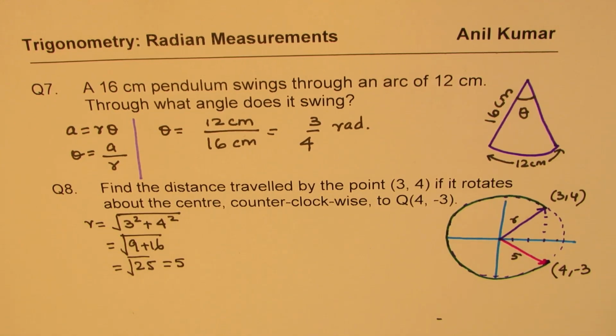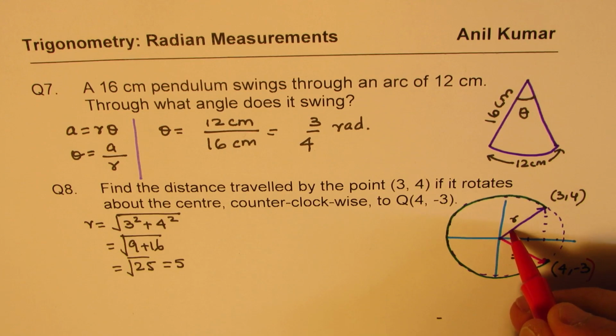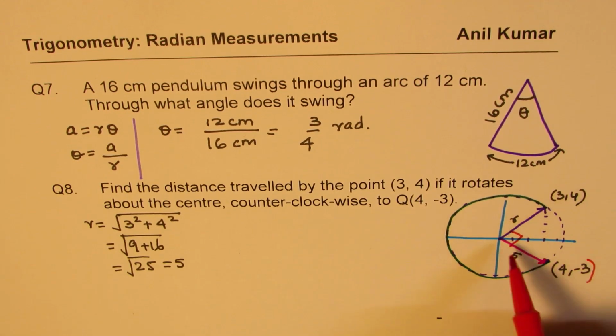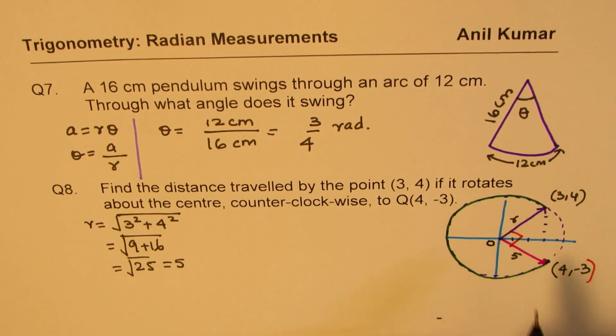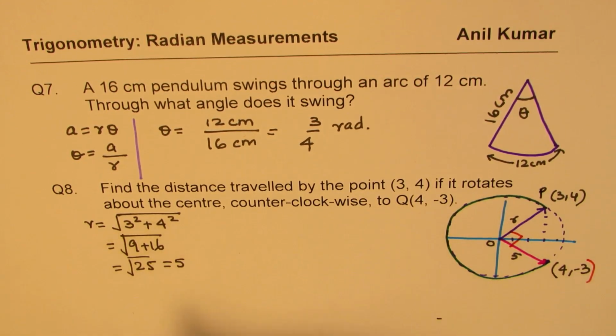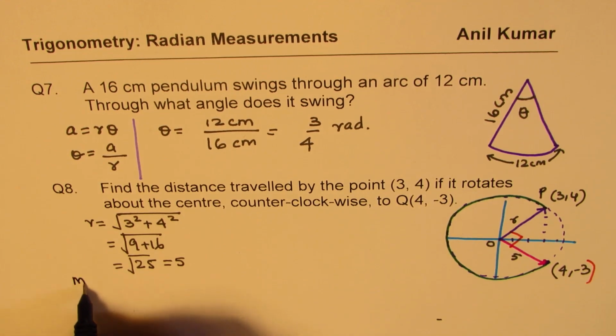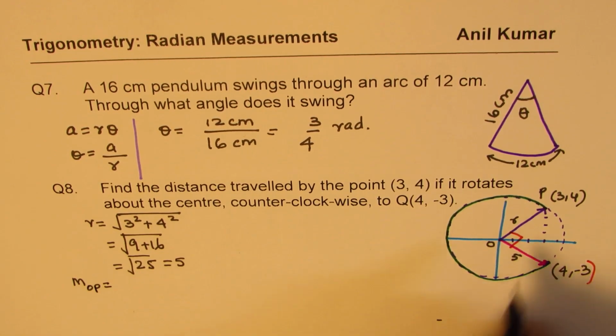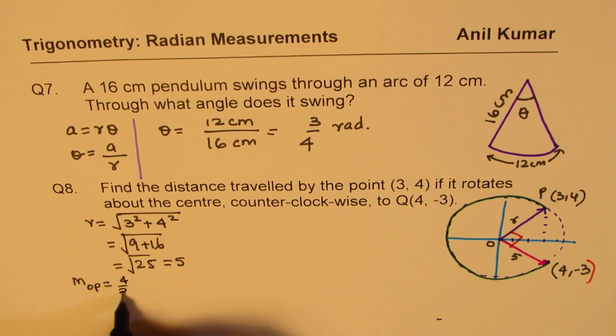Now that means we need to find some angles, right? Well, from these points, we can always find the angle. Fortunately for us, this (3, 4) and (4, -3) through the origin reminds us of one thing. If I see the slope, let's say this point is P, then the slope m from O to P is what? It is 4 over 3, right?